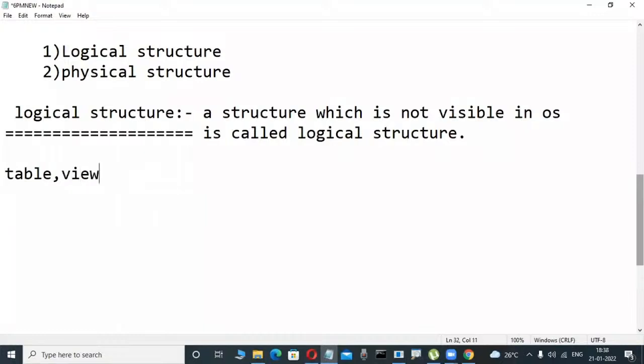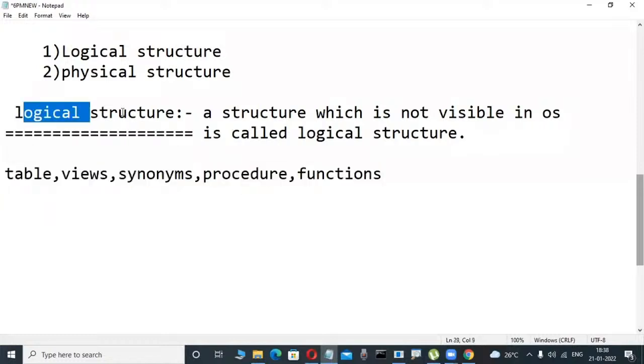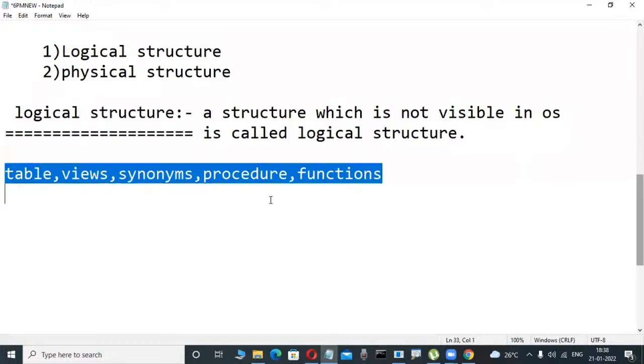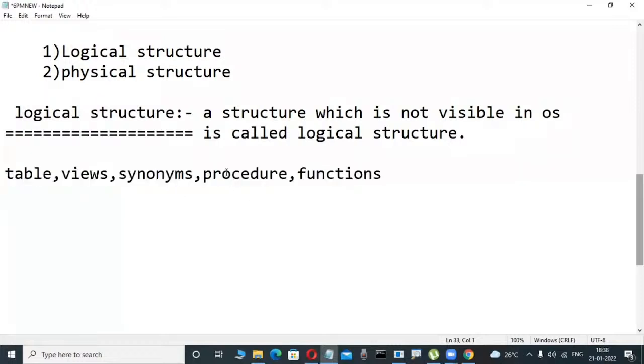Views are there, synonyms are there, indexes are there. These are all database objects. So many things are there. Procedures, functions, triggers, packages. So many things, all are logical structure. That is not visible in the operating system. Whatever objects we are learning in our courses, they are not visible in the operating system.